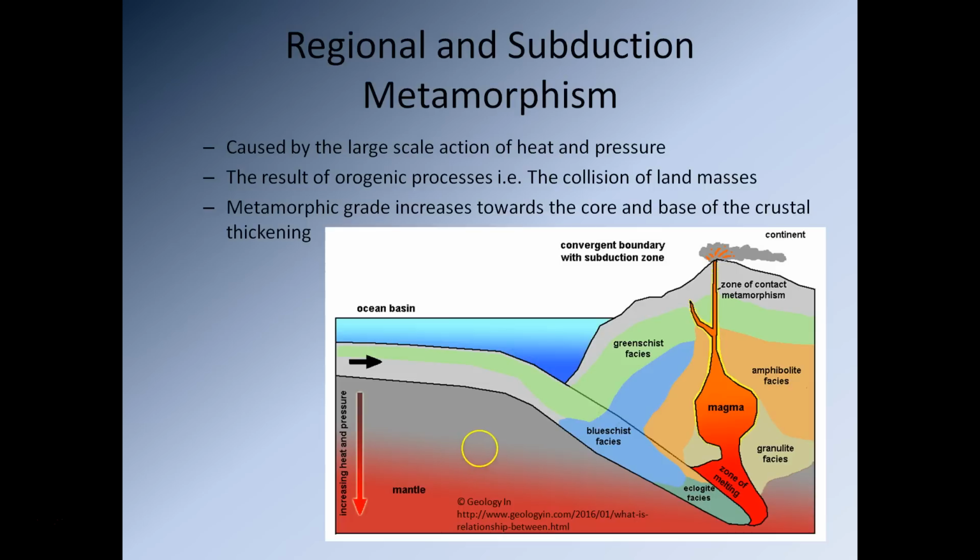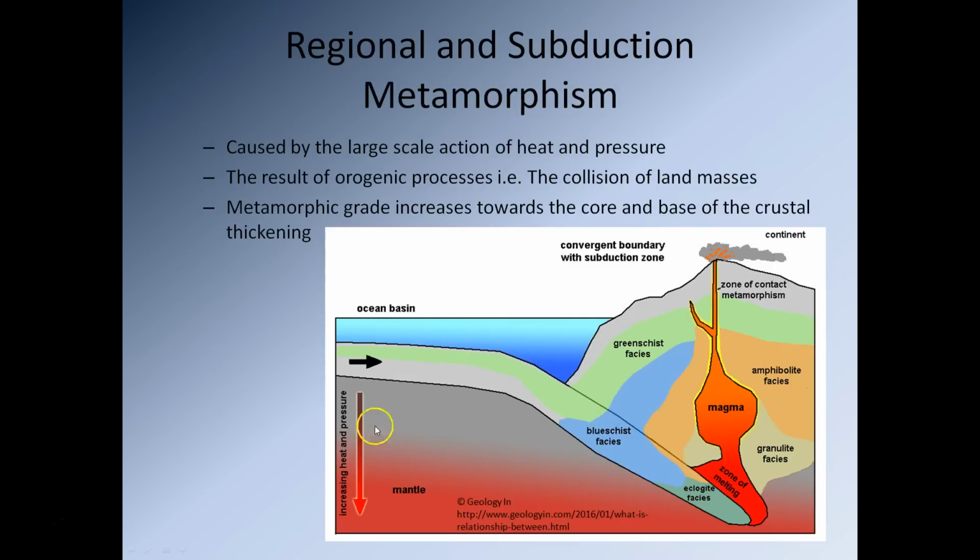So essentially what you have are 2 pieces of crust smashing into each other, and that's going to produce very, very high temperatures and very, very high pressures. So what we're going to notice is we're going to end up with a mountain range. Now this diagram here is a little bit crude, but it gives you the basic idea. So here's our mountain range caused by the collision of these 2 pieces of crust.